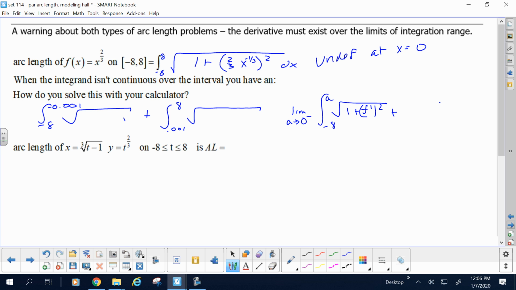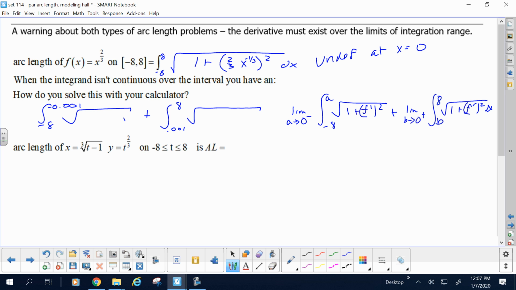And then you'd also have to add the right-hand approach. So let's call it the limit as b approaches 0 from above. What is the other side limits? Positive. From b to 8.